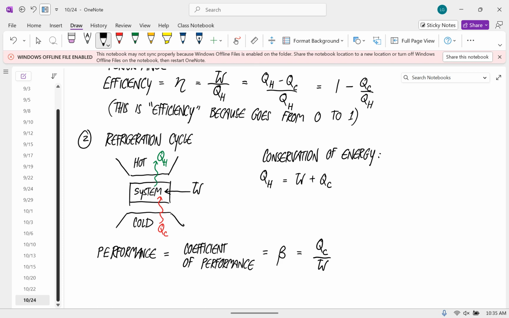And we can rewrite this as QC over, so work you can write as QH minus QC. The reason we don't call this one efficiency is because that fraction can be bigger than 1. So efficiency just goes from 0 to 1. This can be bigger than that.